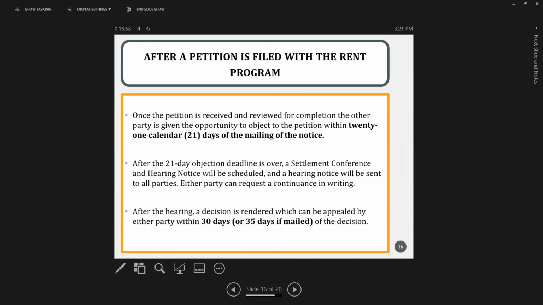After 21 days, the objection deadline is over, a settlement conference and hearing will be scheduled, and the hearing notice is sent to all parties. Each party can request a continuance in writing. After the hearing, the decision is rendered, which can be appealed by each party within 30 days of the decision.